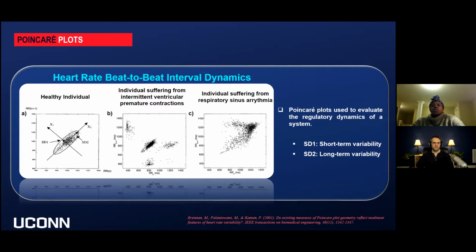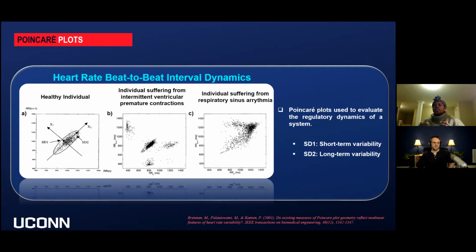And one of the things we also liked about this is we want our metrics to have some meaning. So the previous one talked about motor control. And so what we wanted to see was, if we use this heart rate dynamics and these Poincare plots, what are they going to do? And so we have SD1 and SD2, and they represent the variance and variability along the short and long axis.